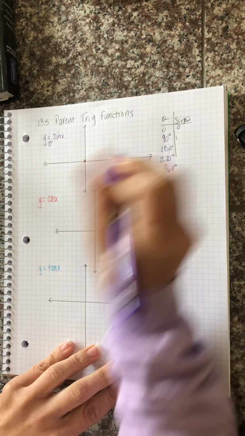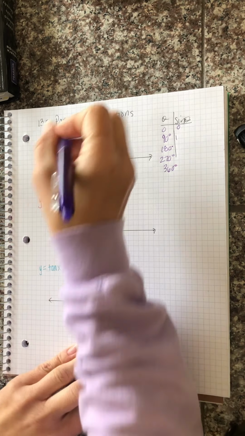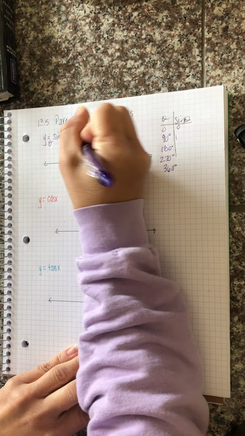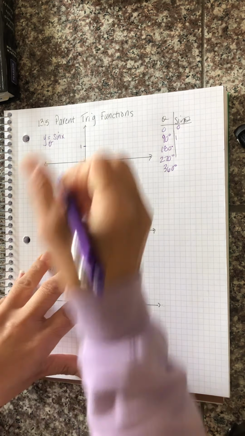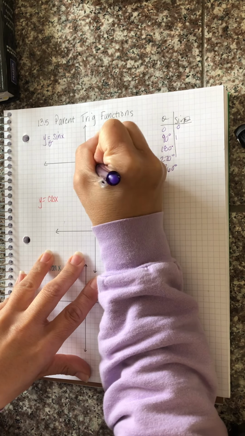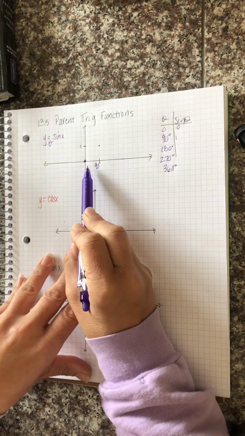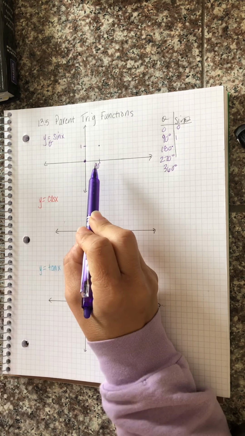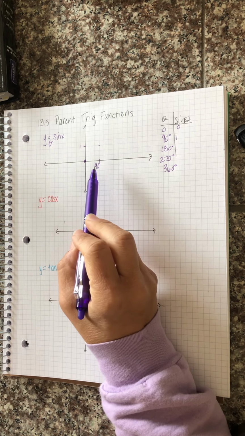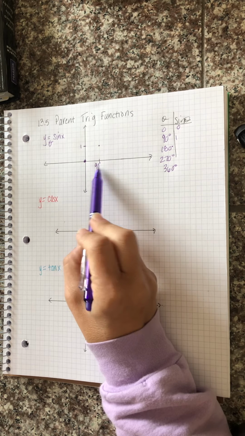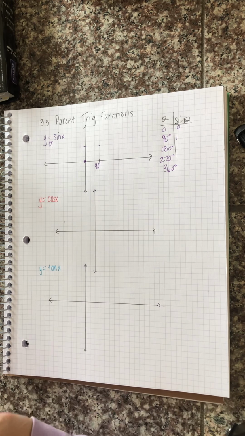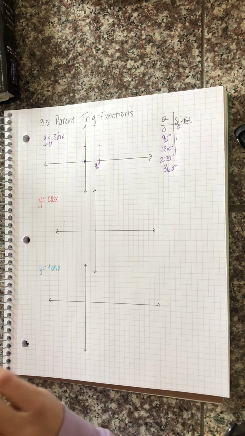The sine of 90 degrees is 1. I'm doing every third line on the grid is 30 degrees, so the third line would be 90.